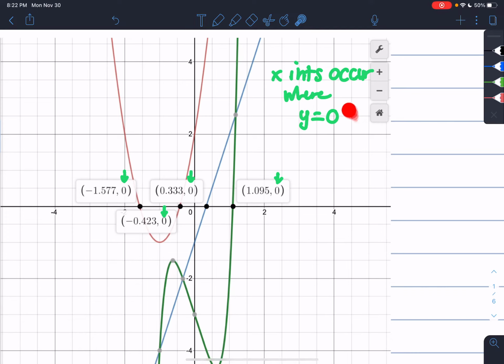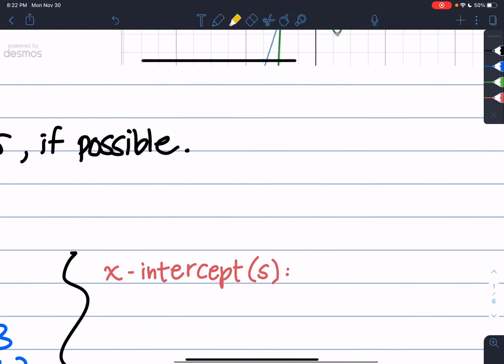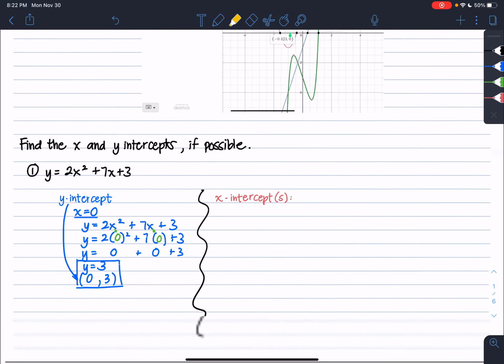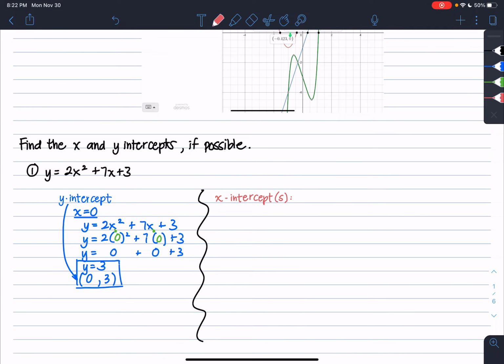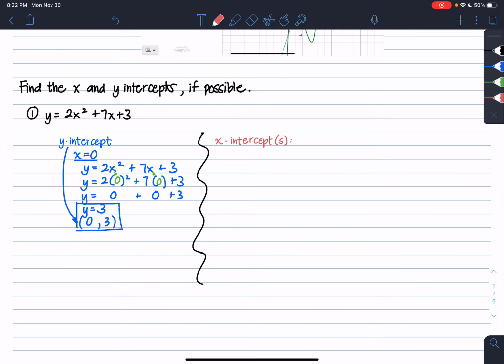So let's use that fact to help us find our x-intercepts, or our roots, or our solutions, or our zeros. Again, these happen when y equals 0.